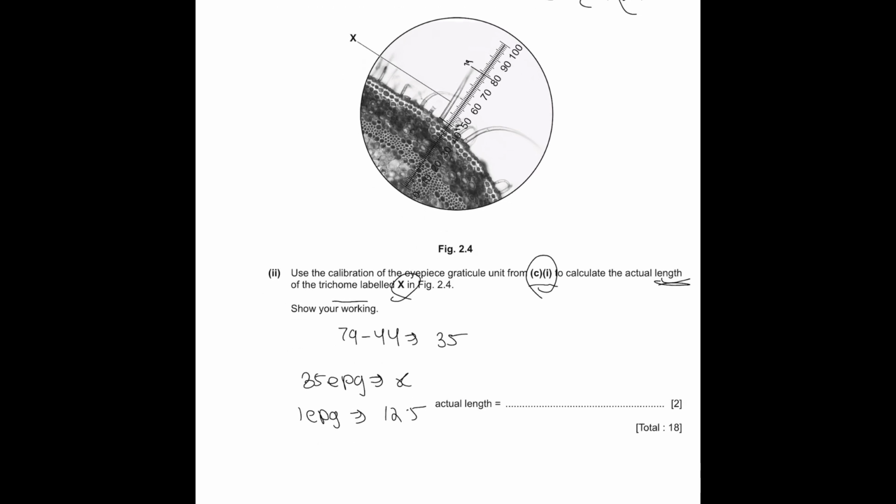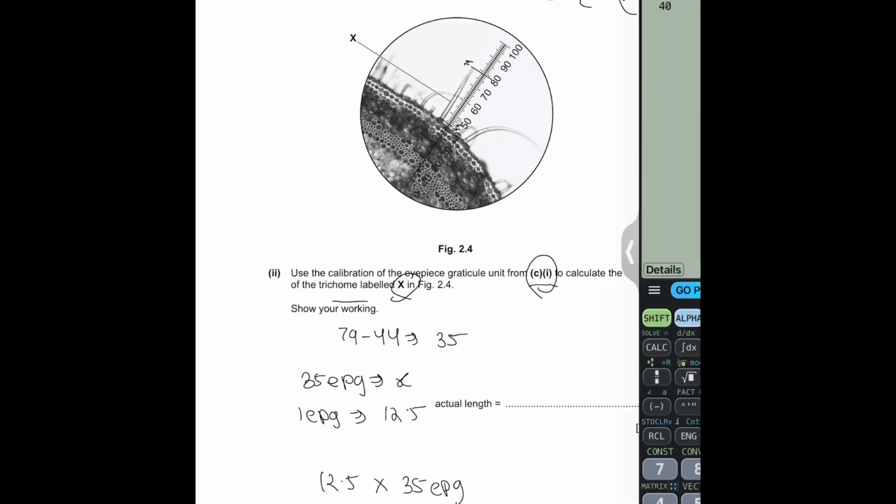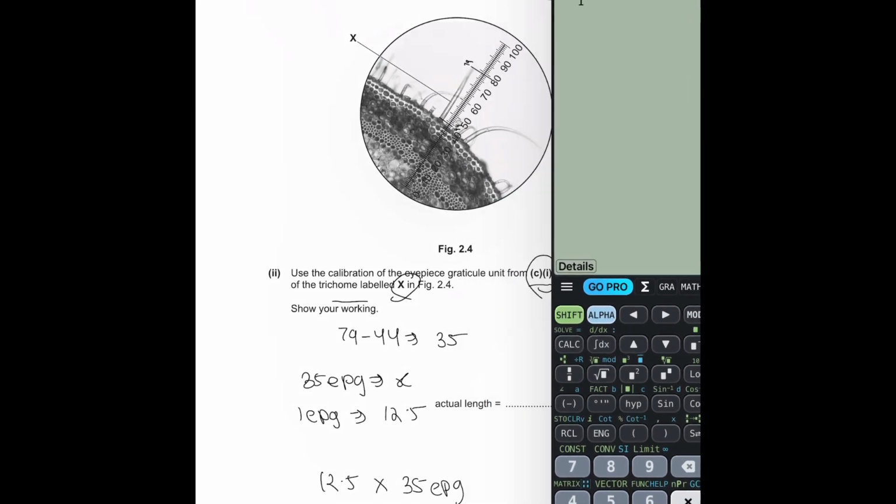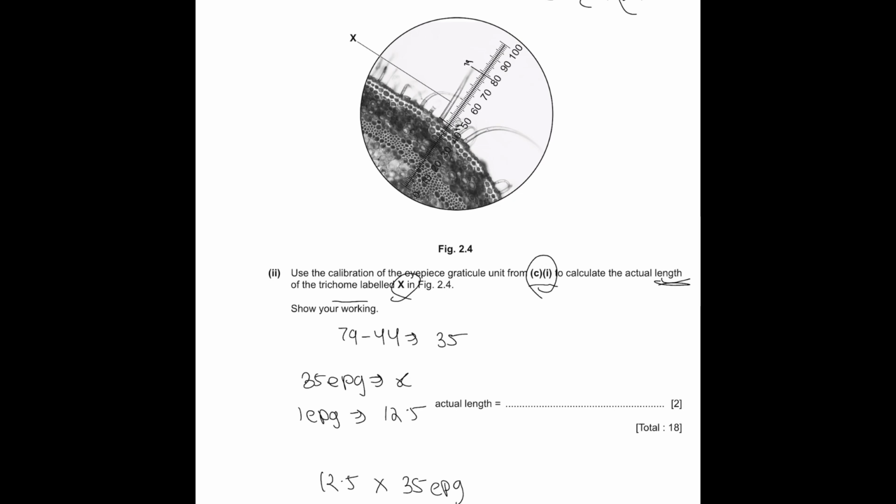Okay, so we're gonna do 12.5 times 35 eyepiece graticule units divided by 1. The answer is gonna be 437.5 micrometers. Okay, and like this we're done with the paper.